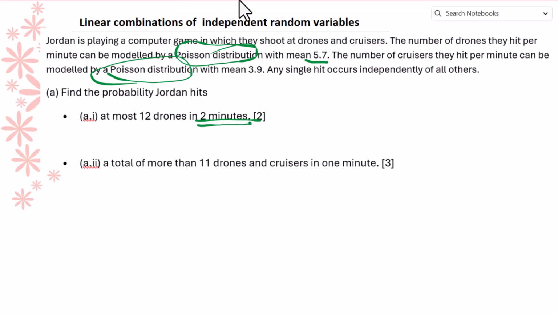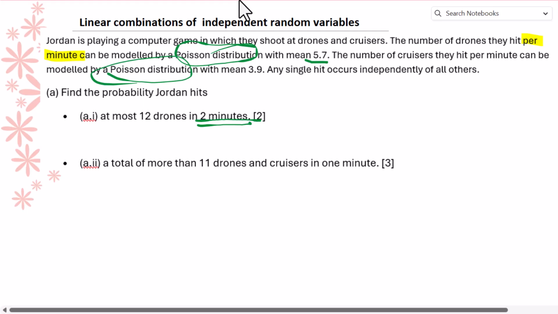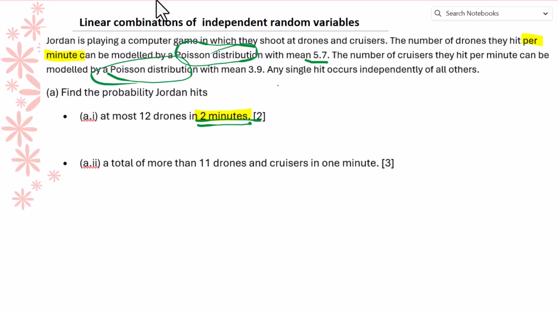For a Poisson distribution, the mean or the rate is very important. Per minute. Here, 2 minutes. So we define D follows Poisson distribution with mean 5.7, and C follows Poisson distribution with the mean 3.9.